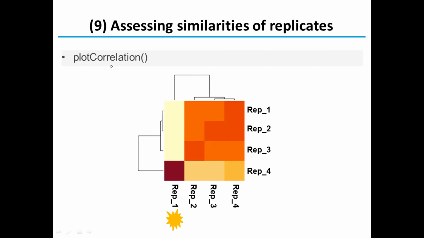We can calculate the correlation based on the signal from each replicate. We can tell, like the replicate 1, which is very different from the other. Replicate 4 is very, sorry, I mislabeled this. The replicate 4 is very different from the other replicates.